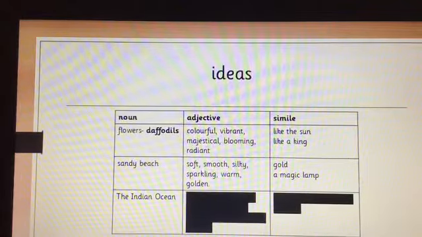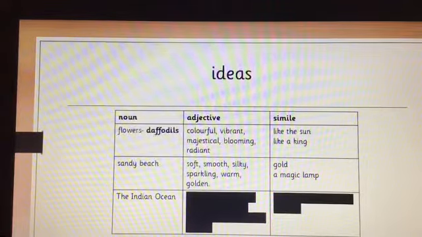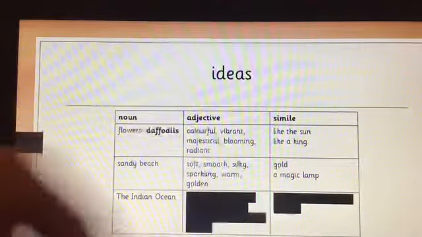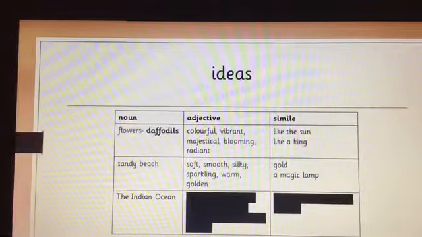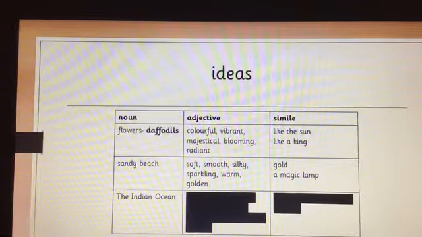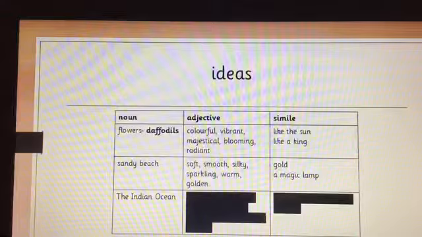Okay, I came up with soft, smooth, silky, sparkling, warm, and golden. And I also thought for the similes we could compare it to gold, or we could compare it to touching a magic lamp.